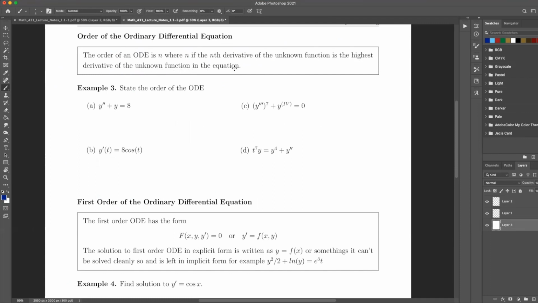That's a big mouthful. Basically, the order of an ODE is determined by the highest derivative. Here, this would be second order. We call this a second order ODE because the highest derivative here is 2. Here, we call this a first order ODE.